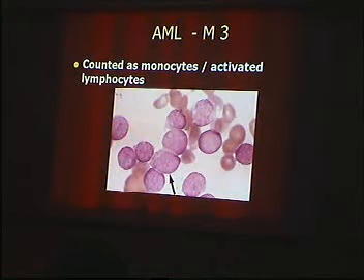By virtue of their appearance, it is very common for people to say they are monocytes or activated lymphocytes. This is actually polar granularity, which you will not see in monocytes or in activated lymphocytes. This is a promyelocyte. You can see a prominent nucleus over here also. Next slide.